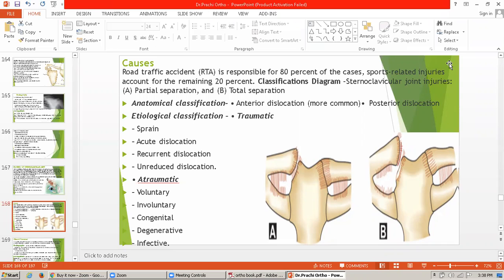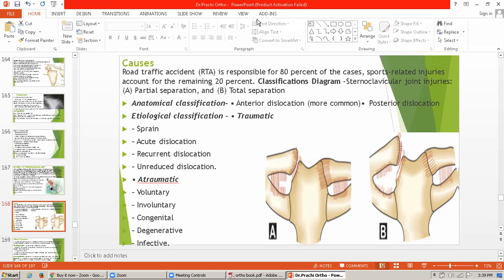The classification diagram shows sternoclavicular joint injuries. In diagram A you can see the partial separation of the sternum and the clavicular joint, and here is the total separation of the sternoclavicular joint. So this is a diagram of partial separation and this is total separation.